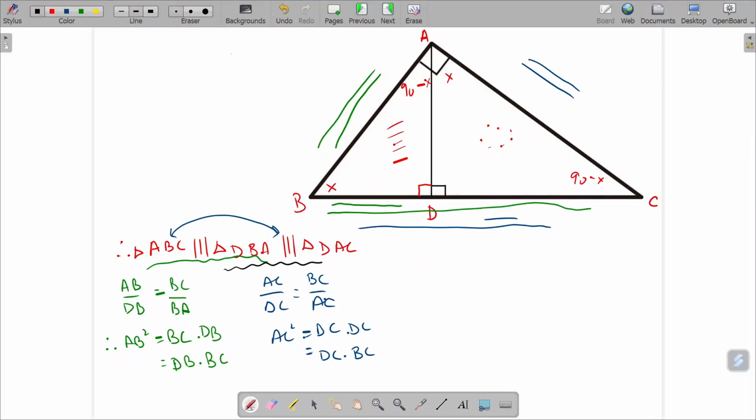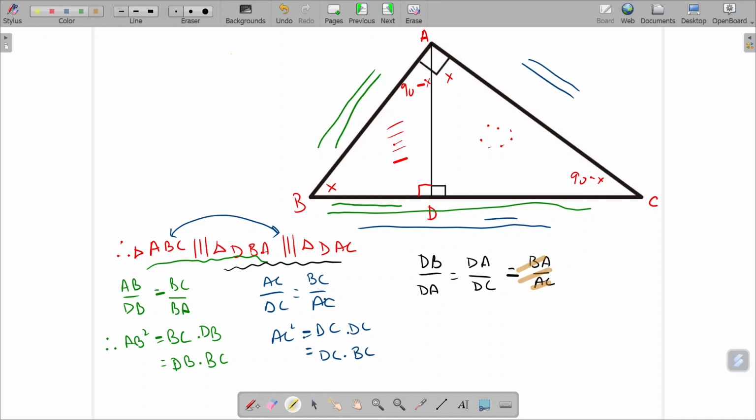Some of you might be able to see where this is heading by just looking at the sum right now. However, what I'd like to do is look at what happens if I look at these two. If I look at those two, I'm going to get that DB over DA is equal to DA over DC, which will also equal BA over AC, but I'm not really fussed about that one at the moment.